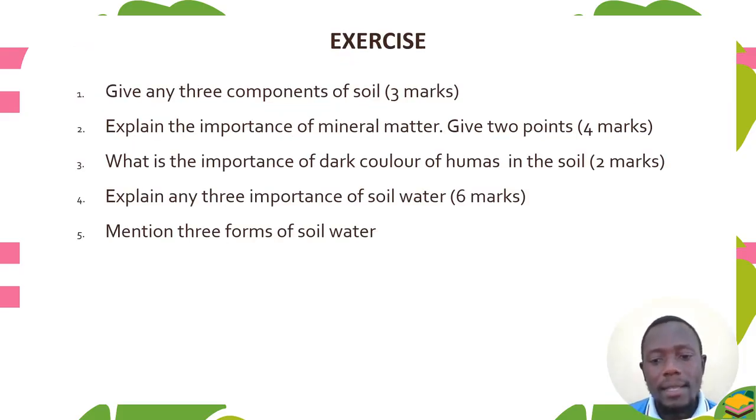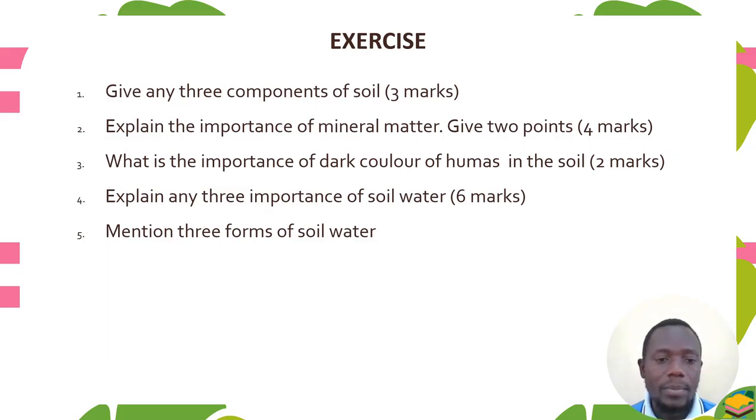So lastly, here is an exercise for you. Try this exercise and you can give your answers in the comment section. The first question is: give any 3 components of soil.